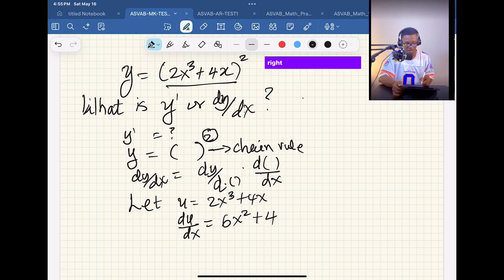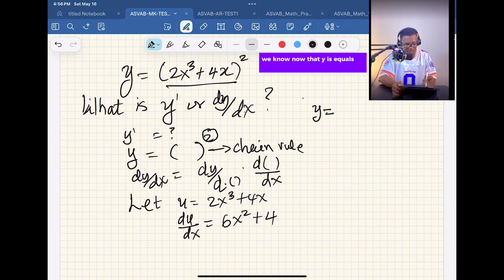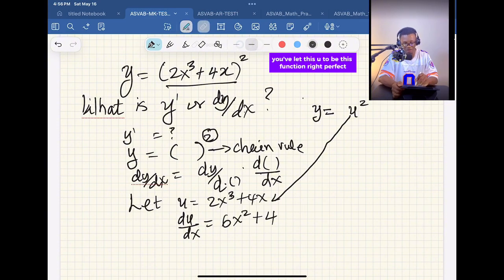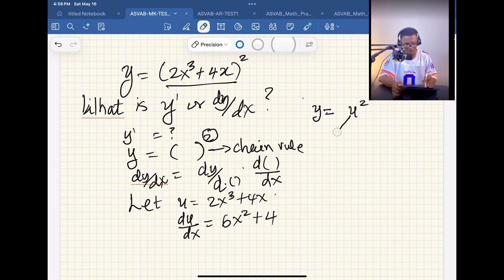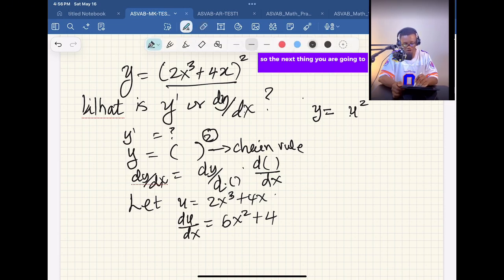Now once you have that, we know that y equals u all squared, because you've let u be this function. The next thing is to differentiate y with respect to u.